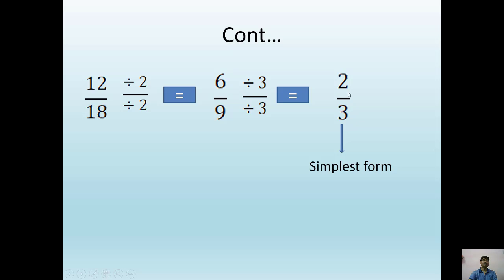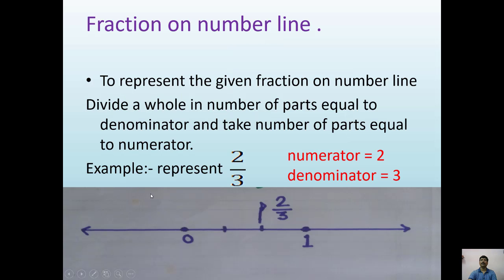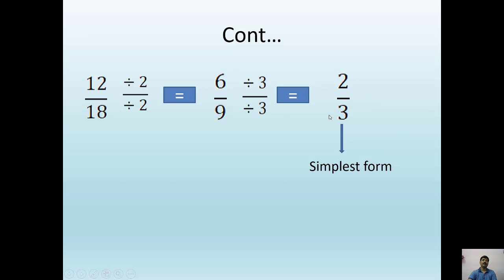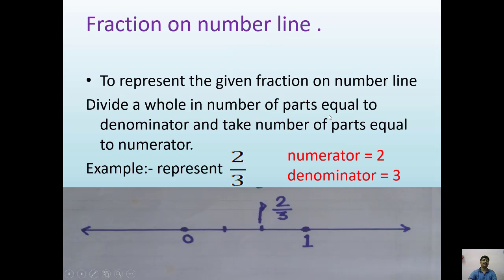It means 12 upon 18 and 2 upon 3 are equal in value. But in 2 upon 3, the HCF of numerator and denominator is 1. So this is in its simplest form. What will be the simplest form of 12 upon 18? The simplest form of 12 upon 18 is 2 upon 3.